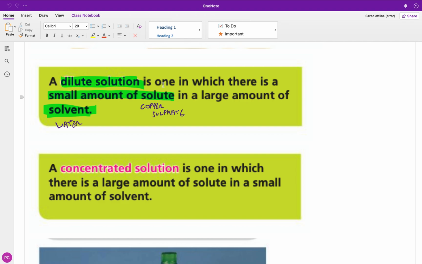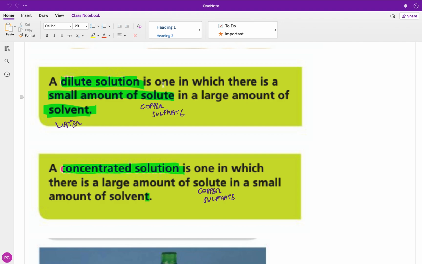And then what you did was, you kept adding copper sulfate. You put it on the hot plate, you warmed it up, and you made a concentrated solution. And at that stage, you had loads of copper sulfate, so lots of solute, again, in a small amount of solvent.